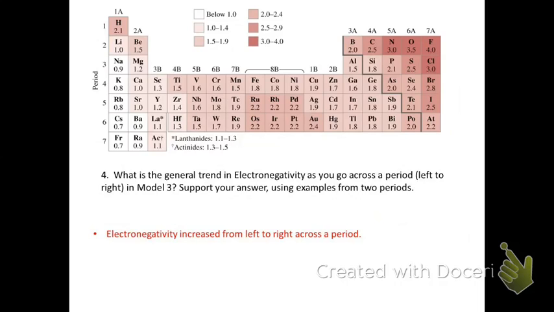Let's look at period 3. It appears that as we go across period 3, the electronegativity value increases. Same thing with period 4. The electronegativity values are increasing. So it seems then electronegativity increases from left to right as we go across the periodic table.